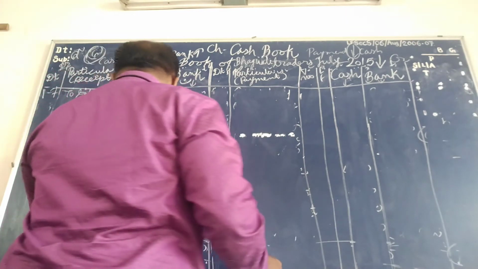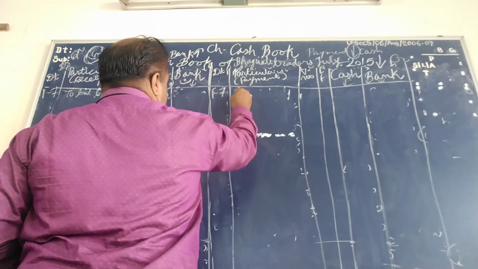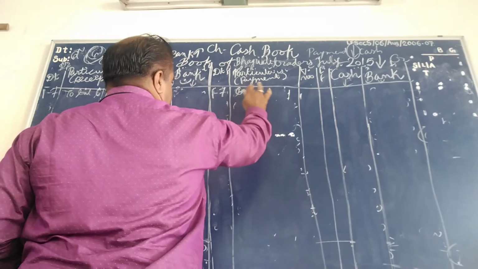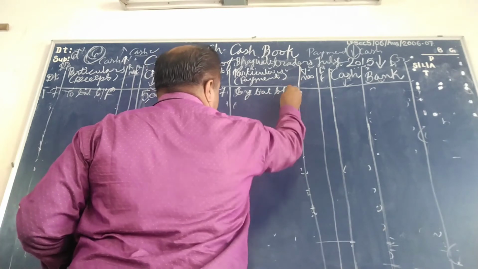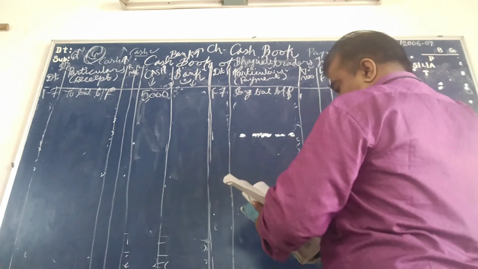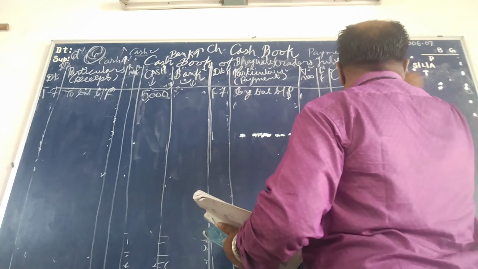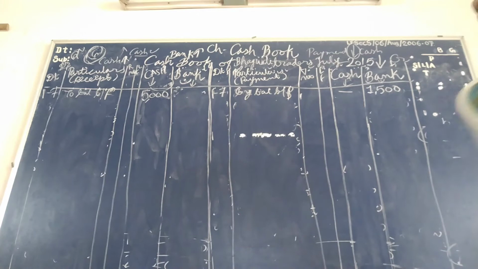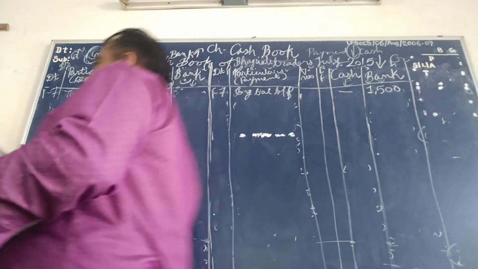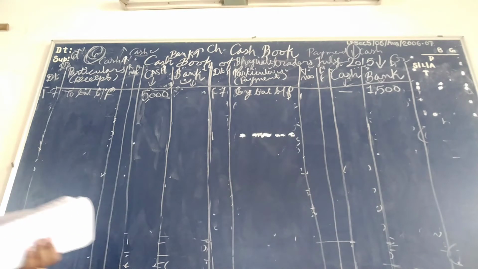And the bank overdraft is on 1st July, so we write here by balance brought forward. It is 1,500. It is not the bank balance, it is a bank overdraft, which means the bank has given us rupees 1,500 on our credit in the bank.